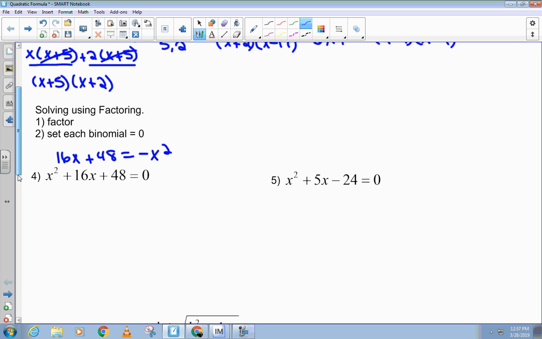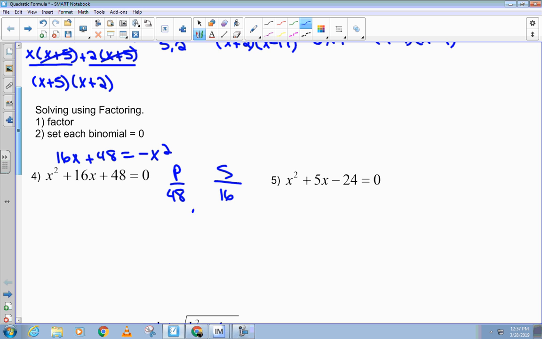Then the next thing you want to do is try to factor like we did in those problems above. So my product and my sum: what's my product? 48. And what's my sum? 16. So I need two numbers that multiply together to give me 48 but add together to give me 16.